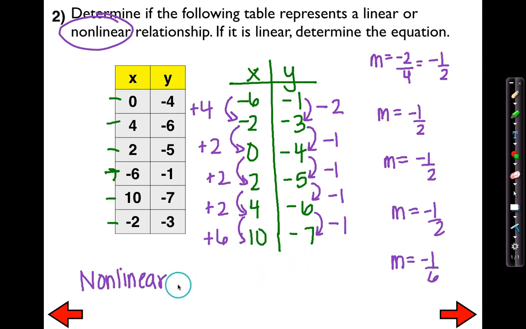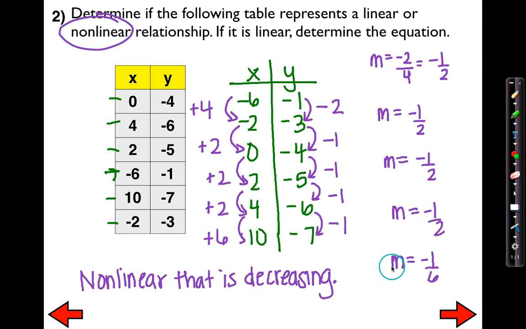So I can describe this as a nonlinear function that is decreasing. Again, they didn't ask me, but it's a good thing to note. It's not something where we just look and say, oh, this is how I find slope. We're assessing the actual table and trying to figure out the pattern between what we call input and the output.